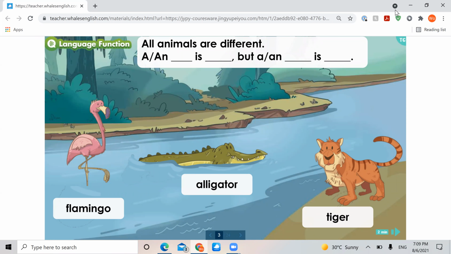What 3 animals do you see in this picture? That's correct. A flamingo, an alligator, and a tiger. Are these animals the same? You're right. All animals are different. Let's compare and contrast between a flamingo and an alligator.